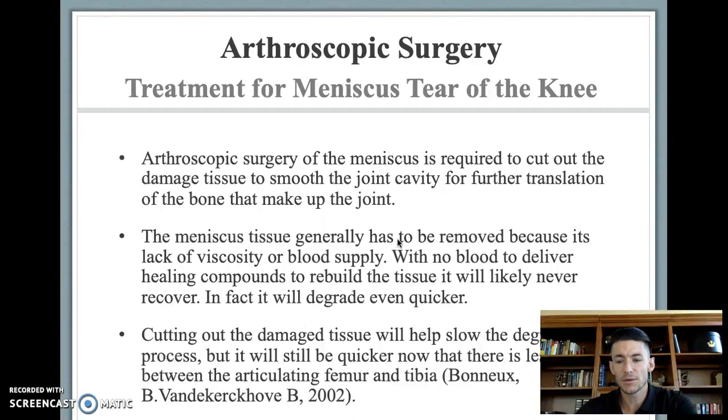The meniscus generally has to be removed because the area has very low blood supply, and it will not regenerate. Cutting out the tissue will slow the degeneration process, but quicker degeneration will occur now that that part of the meniscus is gone in comparison to pre-injury.